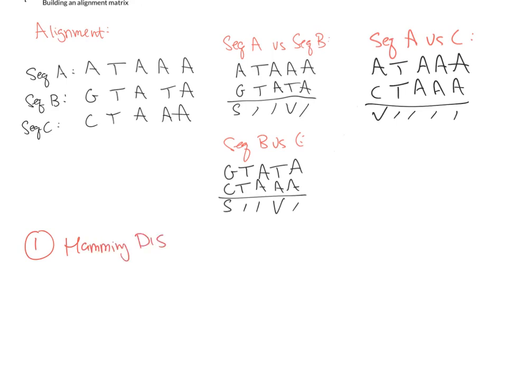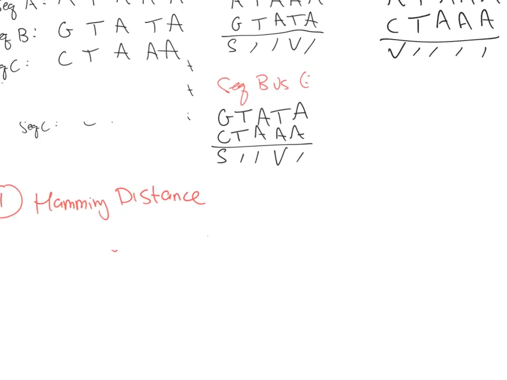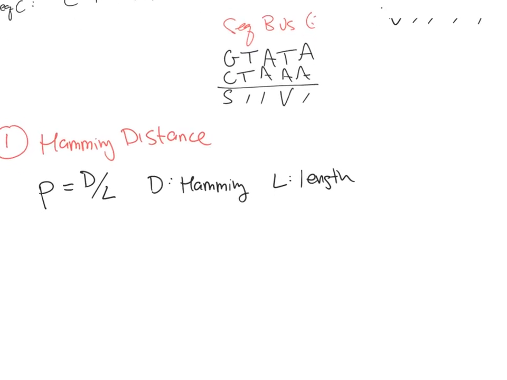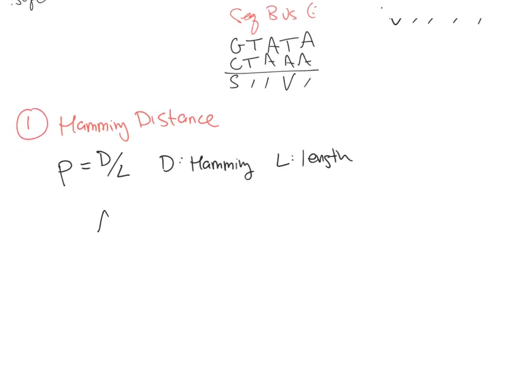I'm going to define a metric called P. P is the pairwise alignment, and it's going to be equal to D over L, where D is my Hamming distance and L is my length. Okay. That's our simplest matrix, and I'm going to make it.